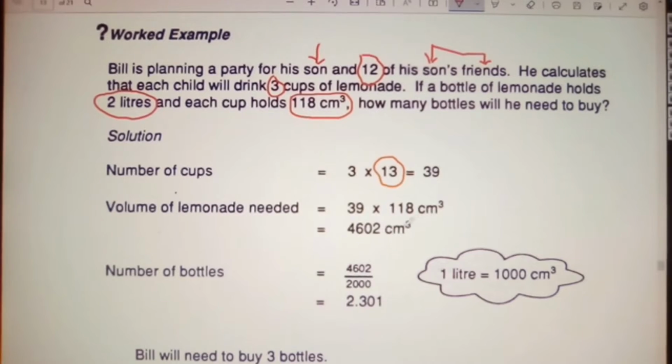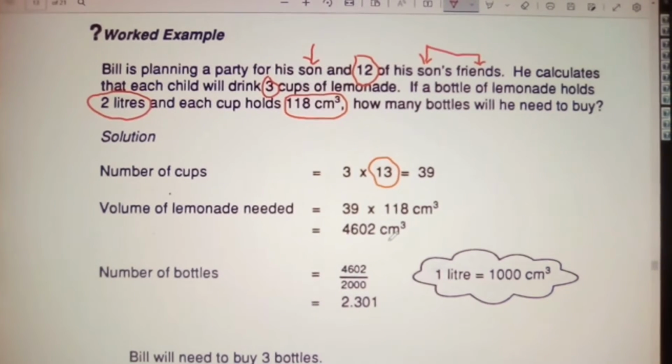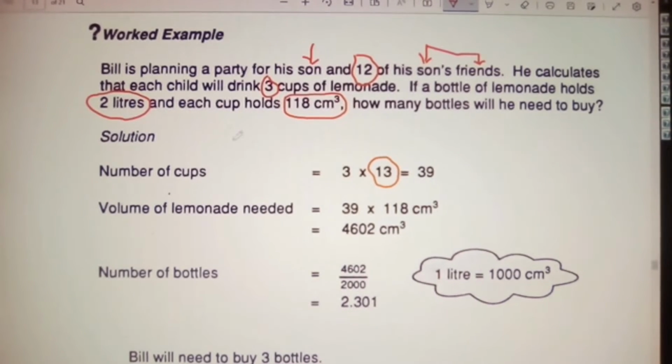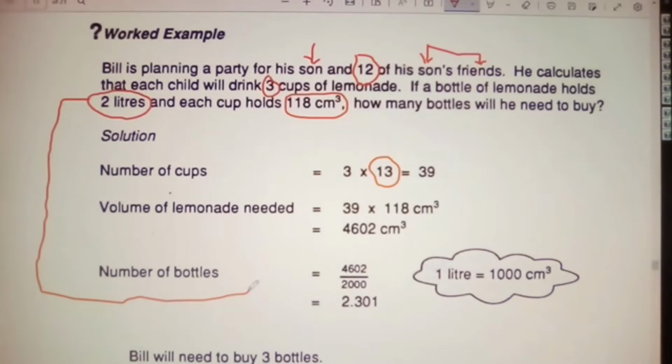Feel free to look at this differently to how I'm looking at it, because I'm questioning myself here. But now here we have 2 liters. So 2 liters equals 2,000 cubic centimeters, and that comes from here.